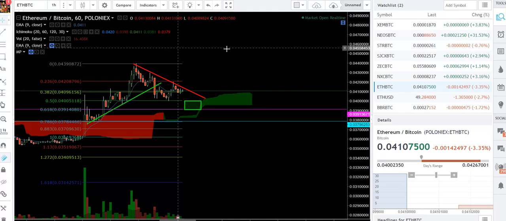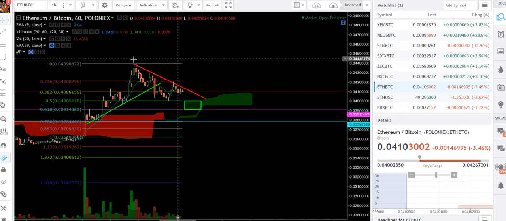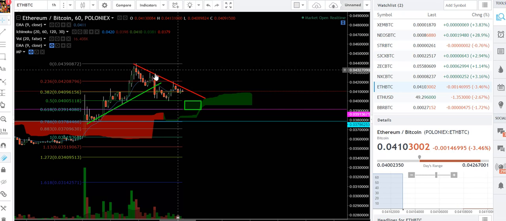It's either going to not break this line and have to retrace down a little bit more to the 61 where we would want to get filled, or it's going to break right through this line and show us, okay, this little correction is over. We're going to make another high, not necessarily a higher high yet, but we broke that trend of making lower highs, if you know what I mean.